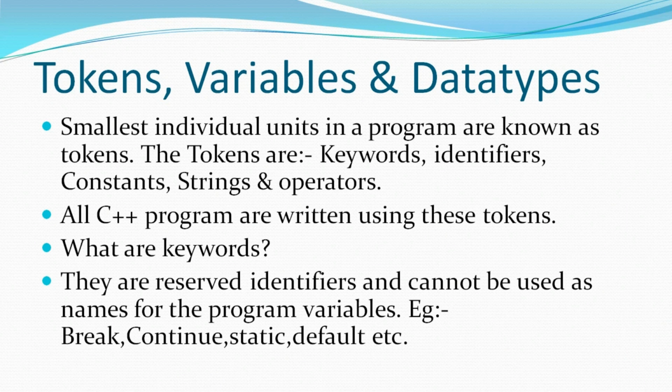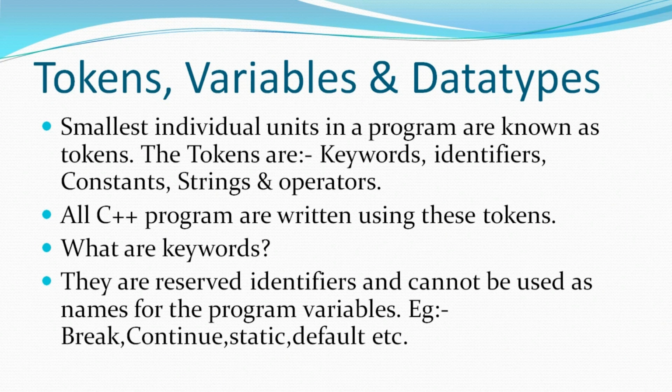Keywords are reserved identifiers and cannot be used as names for program variables. For example, break, continue, static, default. These are identifiers which are reserved and known to the compiler.